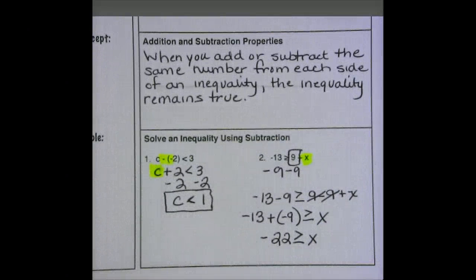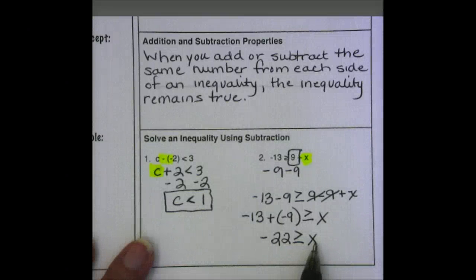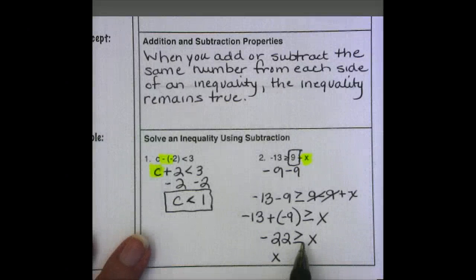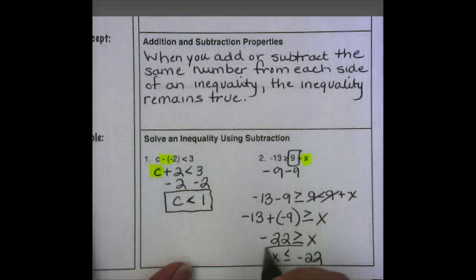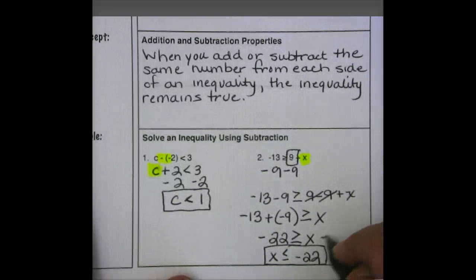Now one thing that we need to make sure of on these, especially when we start to graph the inequalities on a number line, is that our variable needs to be on the left. In order for that variable to be on the left, we have to change our symbol to the opposite symbol. So x is less than or equal to negative 22. So make yourself a note.